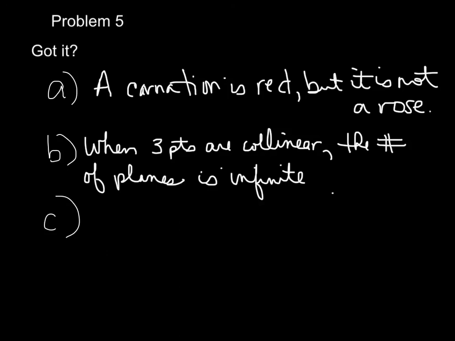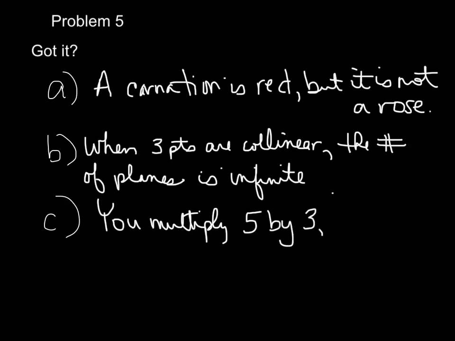C. When you multiply a number by 3, the product is divisible by 6. So I'm going to say you multiply 5 by 3.